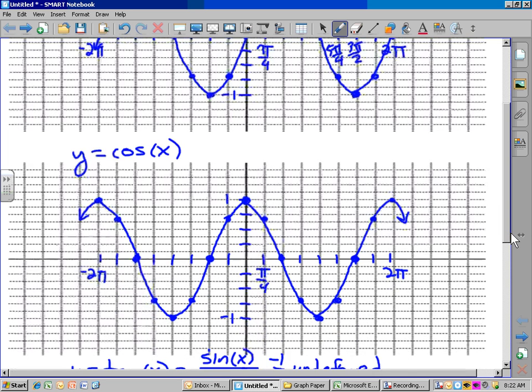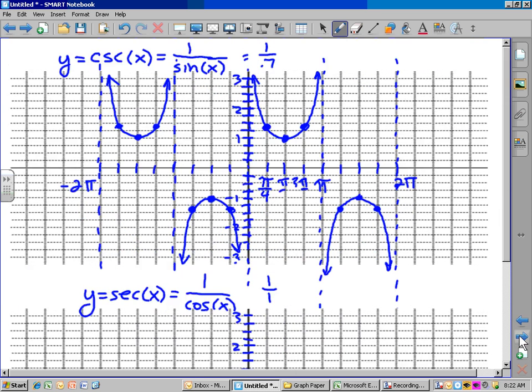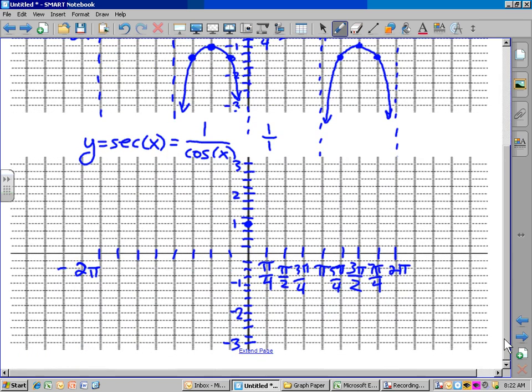So it'd be 1 over 0.7, which we figured out with cosecant is about 1.4, right? Notice that occurs at pi over 4 and negative pi over 4. So I'm going to put both of those in. 1 over 0.7 for both of those. So we're going to have 1.4 and 1.4.